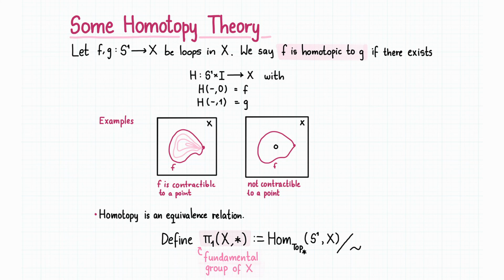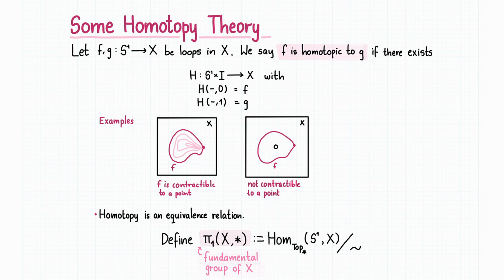If you can contract it to a point, it means that there's no hole inside the loop. But if you are not able to do it, then there's something going on inside, and there might be a hole inside. That is the basic idea behind these definitions. Instead of just contracting, you can also ask if you can deform a loop into another loop. And if there's a problem in doing that, then there's something going on in the space in between.